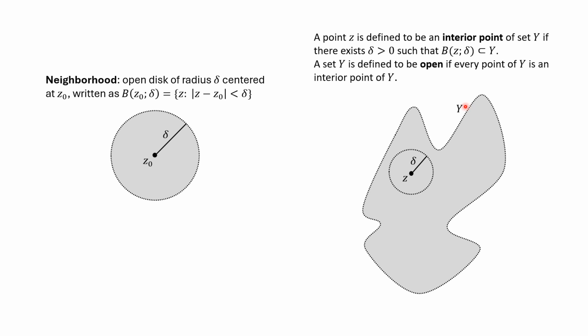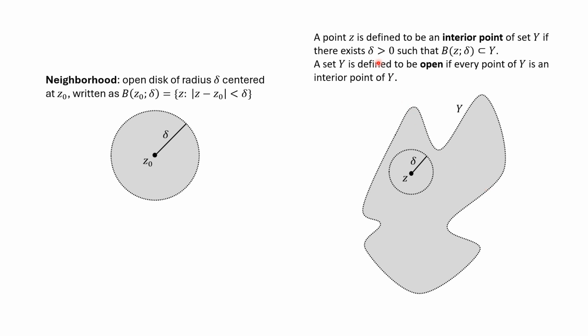If you take a set y, say this squiggly set here, a point is called interior to y if we can draw a neighborhood about it that's completely within y. So we see here z has a neighborhood about it of radius delta, which is completely within y.